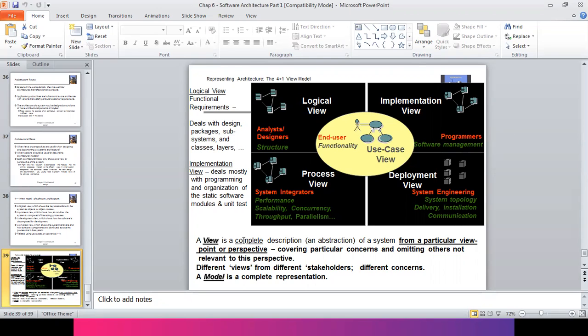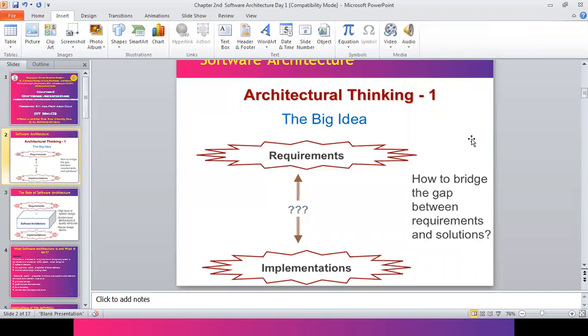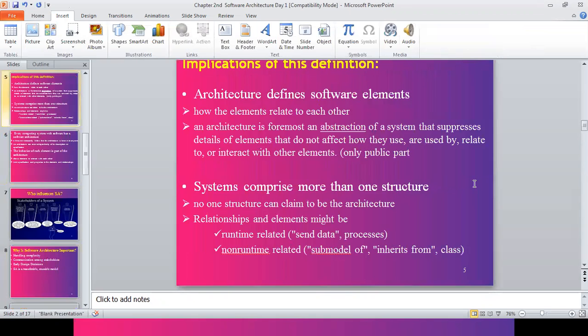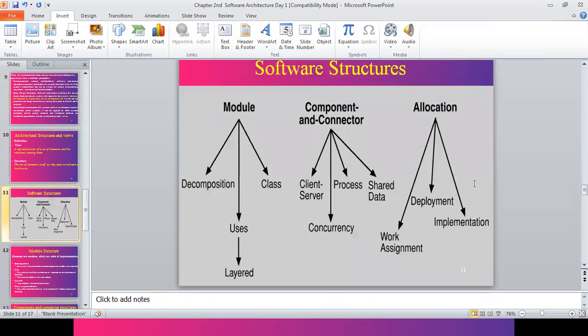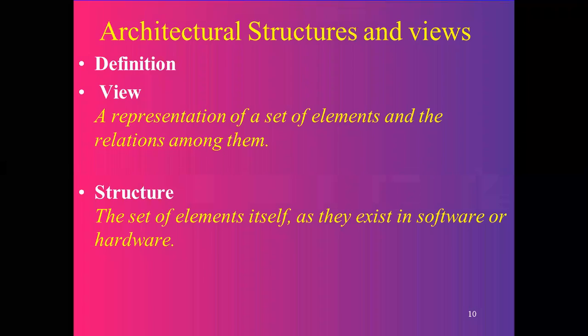Here you can see the view. What is a view? A view is a complete description or abstraction of a system. Here in architectural structure and view, we have seen the 4+1 view. So what is a view? It is a representation of a set of elements and the relations among them.